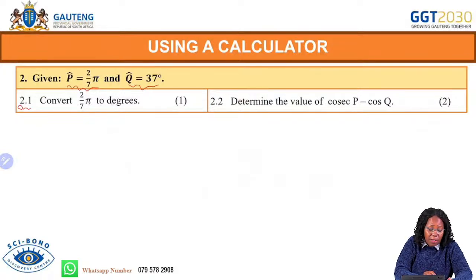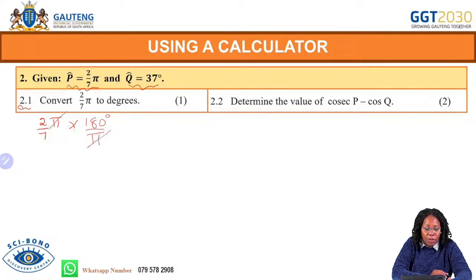So the first question there states that convert the 2/7 radian into a degree. Okay, do you still remember the method I've indicated earlier on? We are going to say 2/7, this is radian. You multiply by what? 180 degrees over a radian. Can you see now? It must be below so that it can cancel that numerator one.